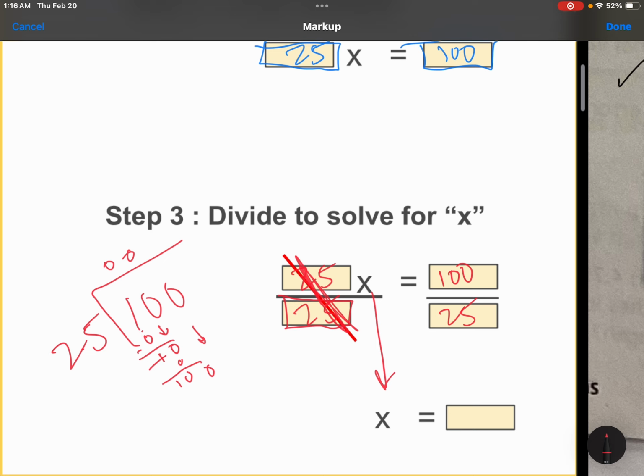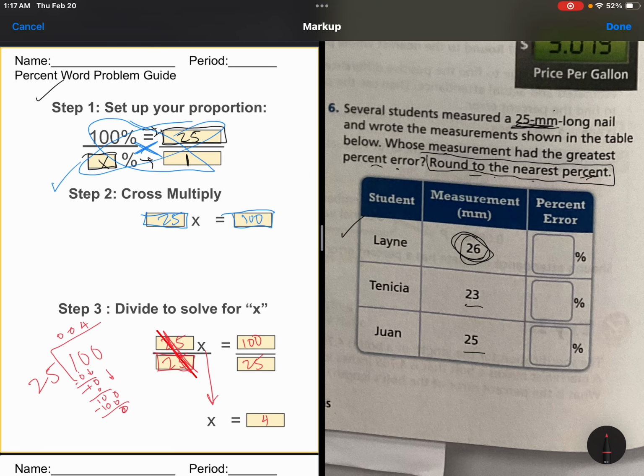Okay, so if I skip count 25, 50, 75, and 100, I get 4. And if I multiply 4 times 25, that will be 100. 0 is the remainder. So 4 is my answer. For what? Since we have the x right here on the percent box, 4% is my answer. Okay, so Lane has 4% error right here.